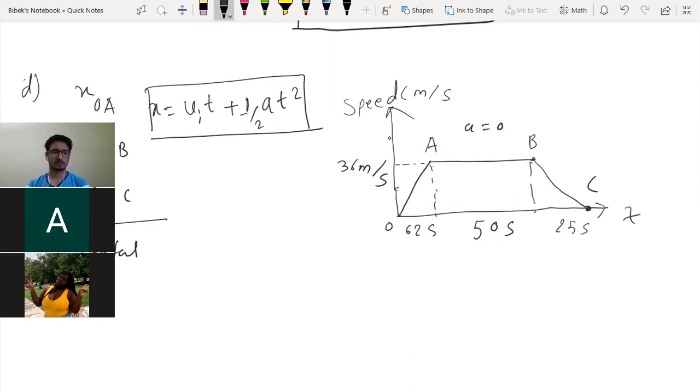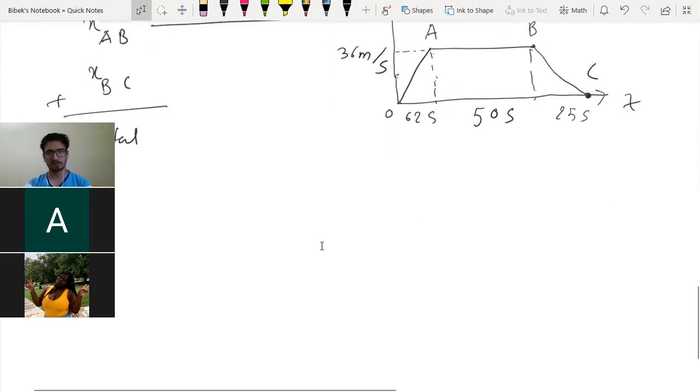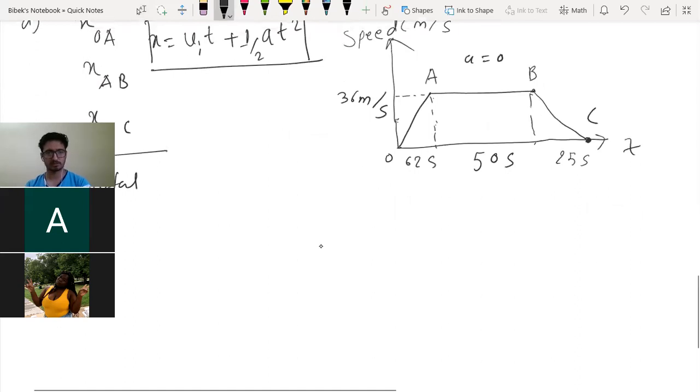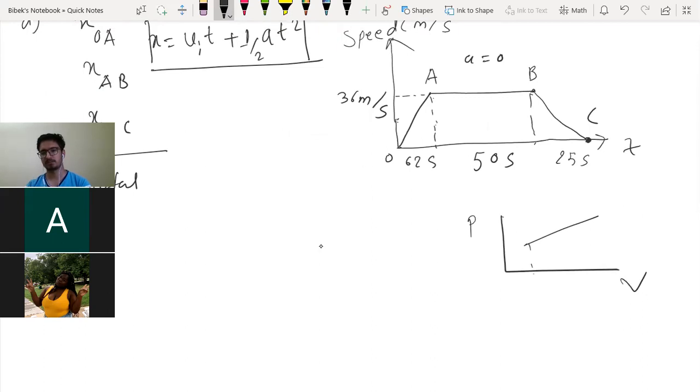That's the long way. But I want to do the quicker version, and that's to find the area under the curve. If you have any curve, say pressure versus volume, then the area under the curve gives the product of the two quantities; in this case it gives energy.